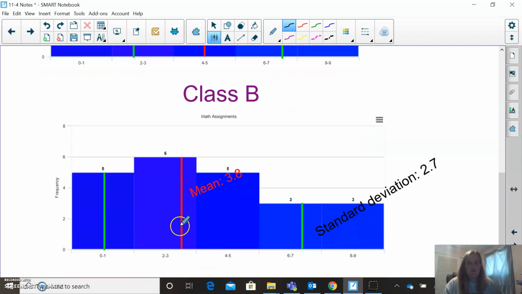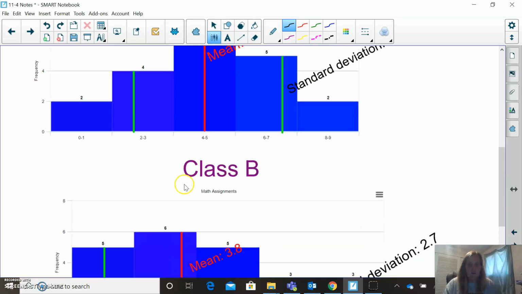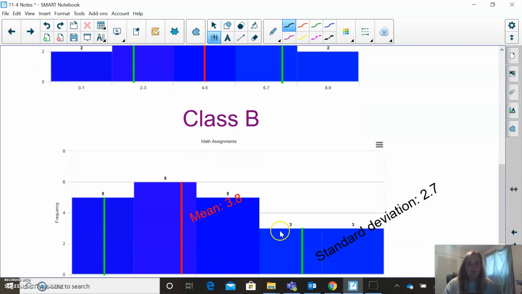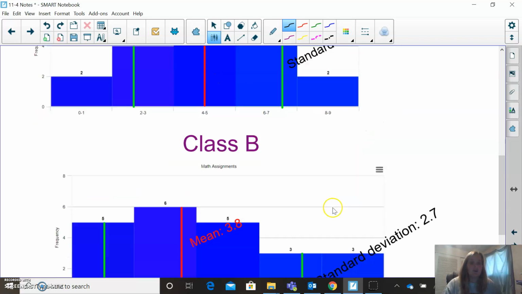Class B. If you look here, the mean is 2.3. It really doesn't fall in the center of the data. Also, look at how far apart the green line is from the red line. If you look here, it's closer than down here. The standard deviation for class A was 2.3.